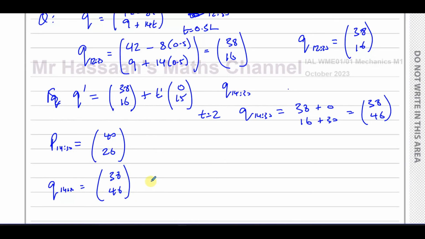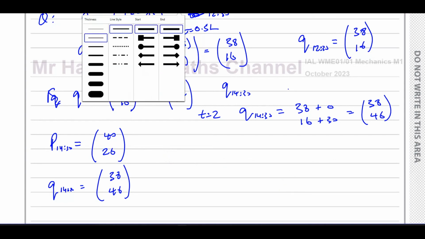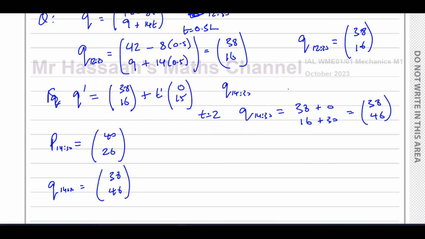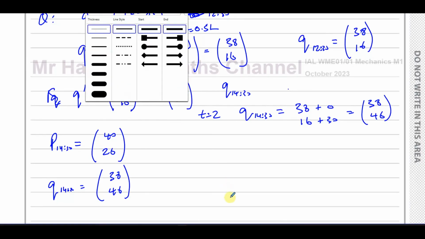So now we need to find the magnitude of the vector between them. If we subtract these two vectors, just imagine if you want to picture what we're doing now, supposing this is the origin.